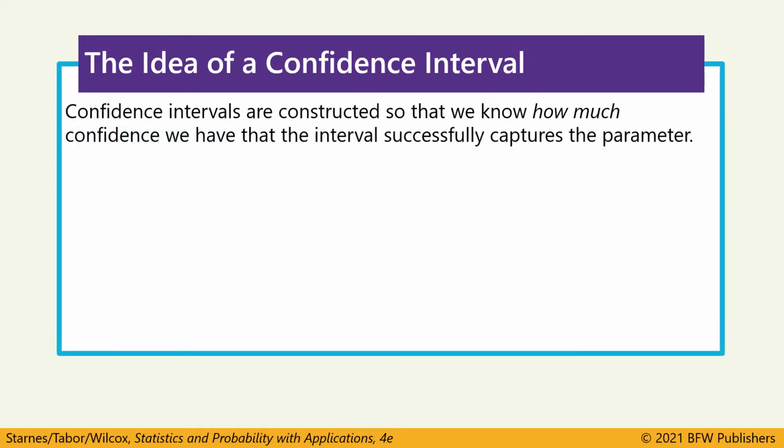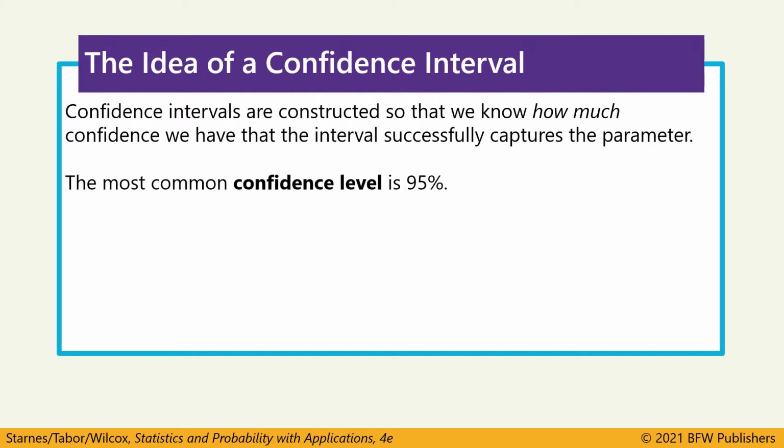Now, when we make these, obviously there's not an exact science to it. We're estimating the population parameter, and we're giving a range of values as to what we think the true parameter is in between. And that range can change depending on how confident, quote unquote, we want to be that the actual true parameter is in between the two values that we give. This is called the confidence level.